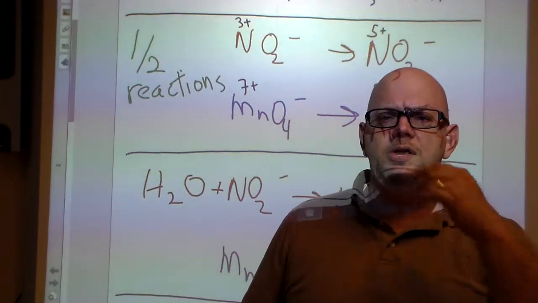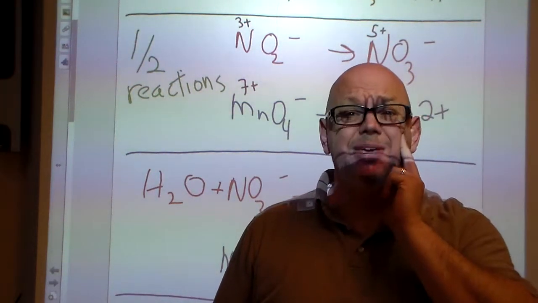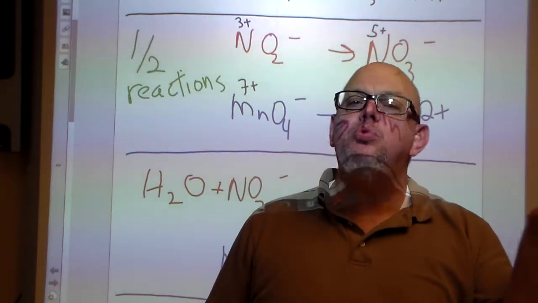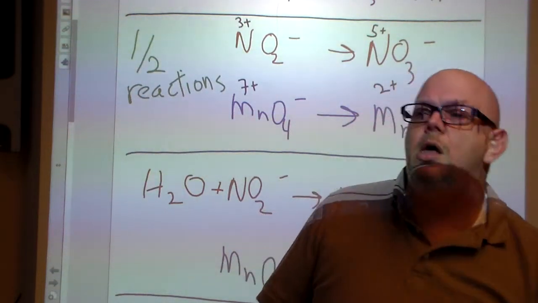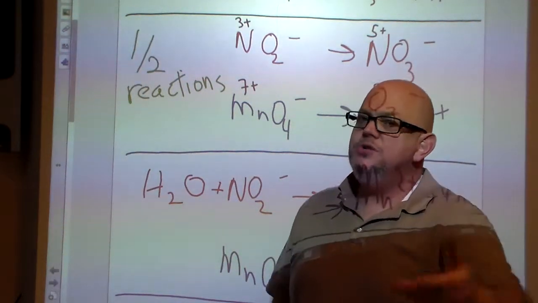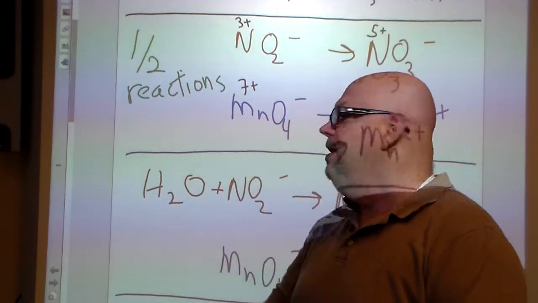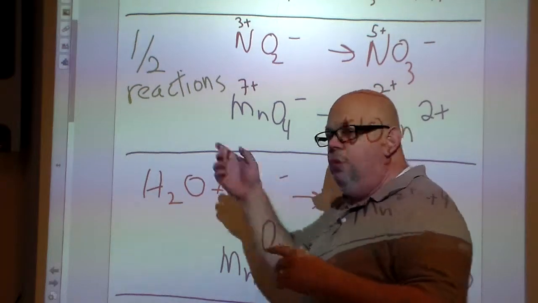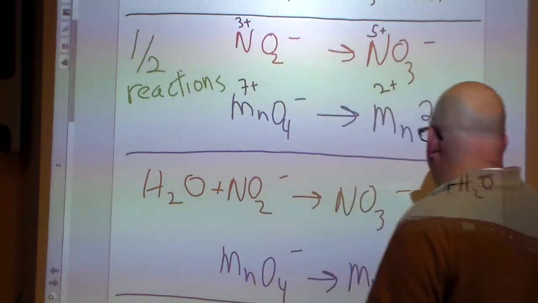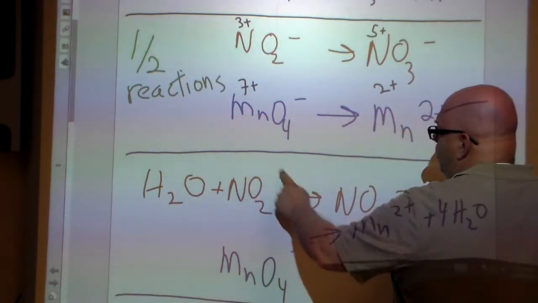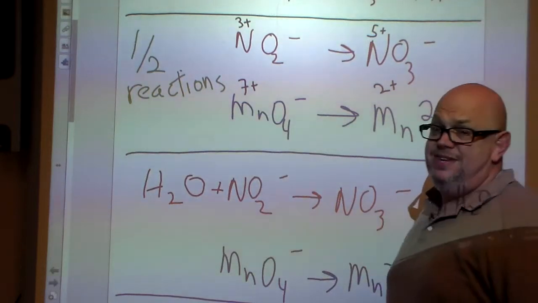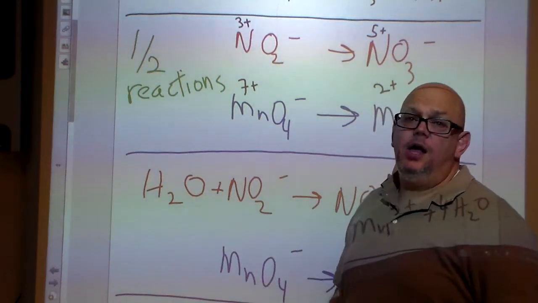Because remember, you are in an acidic solution, so you're going to be adding water. And water is pretty universal as a compound out there. Yes, we do depend on oxygen, and we do depend on O3 for the ozone and the sun and all that, but for here, we need to add water. So here we have 3 oxygens, here we have 2. Deficit. This side needs an extra oxygen.